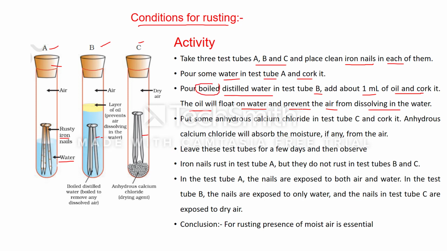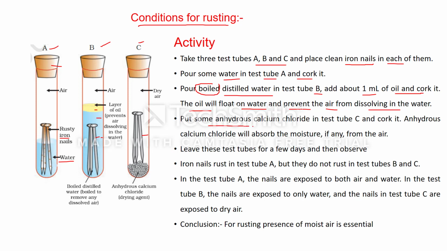When we boil it, whatever air was dissolved in this water will escape, and we make a layer of oil above this so that air cannot dissolve in this water. Simply, we can say this water is free from air and oxygen.